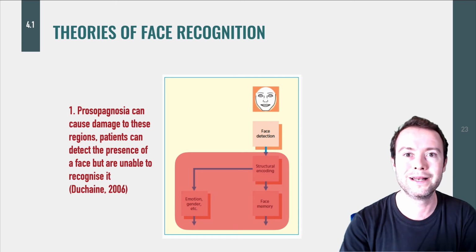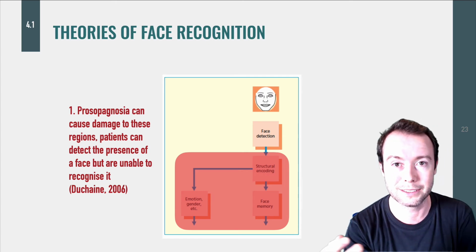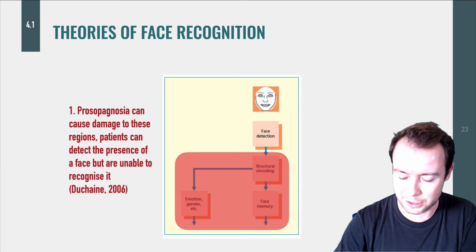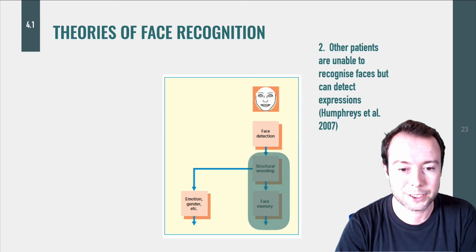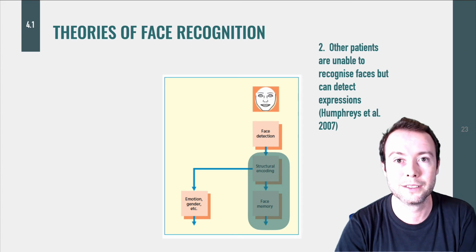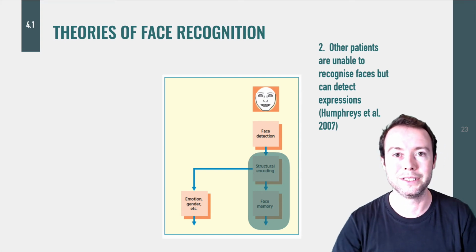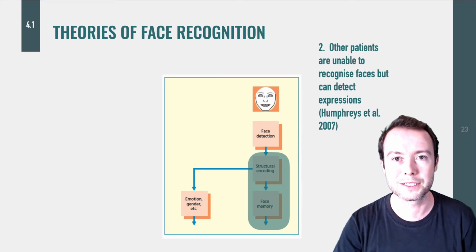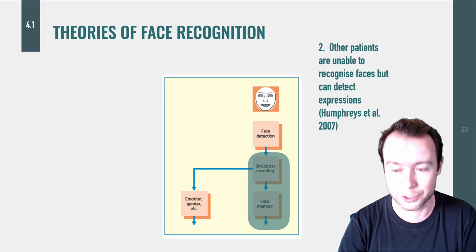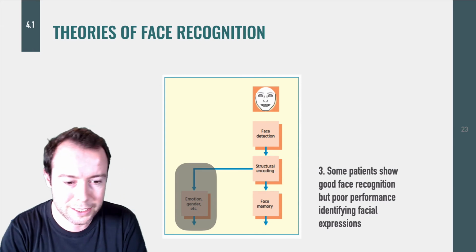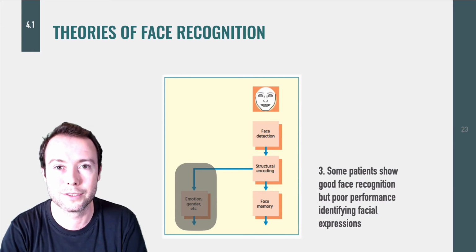At a more severe level, you can have deficits in actually being able to identify the presence of a face. We can also find some patients that might have specialized damage to the ability to recognize people from their face. So they might be able to still tell you that this person is happy, they're smiling, etc. But they're not going to be able to put a name to that face or recognize who the person is. Whereas other patients have deficits purely in the assessment of someone's expression.